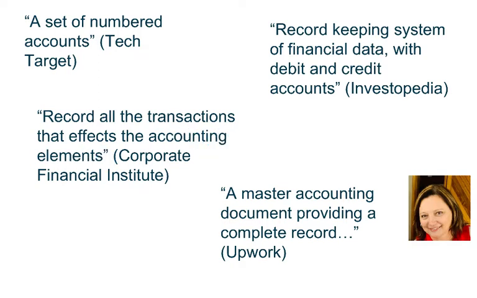And then another one that I got is it's a master accounting document providing a complete record. So there you have complete again, and then we also look at the first definition, a set. It tells me it's more than one account, it's actually all the accounts.